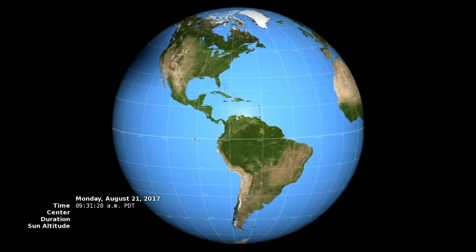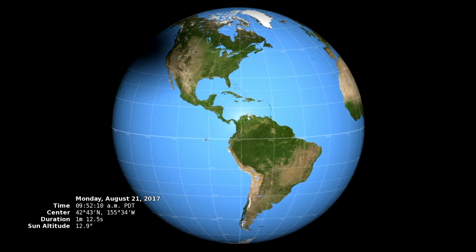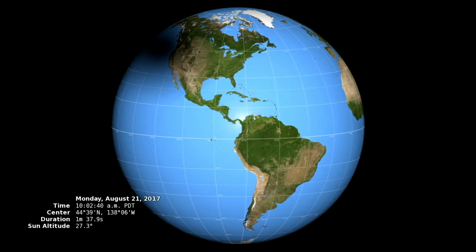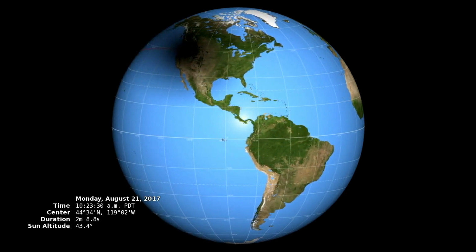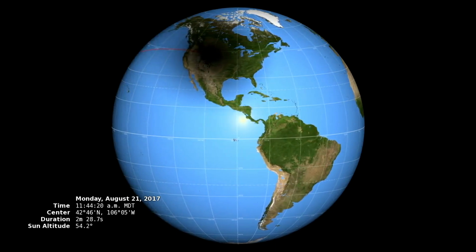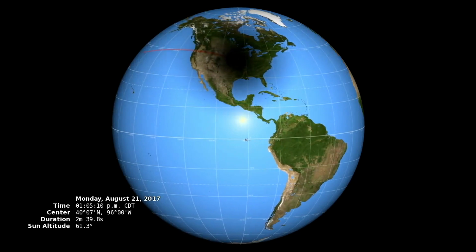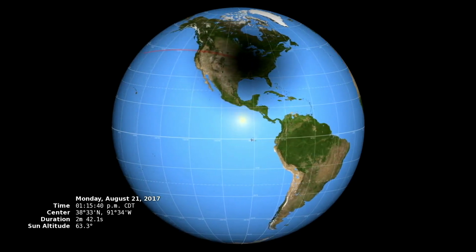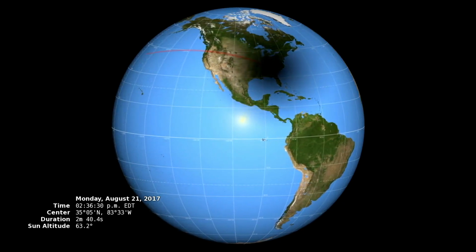As the moon orbits the Earth, it casts a shadow that moves across the face of the Earth. Here, you see the shadow from the 2017 Great American Eclipse. Notice that the umbra is tracing a red path behind it. You must be inside that red line, inside the path of the umbra, to see a total eclipse.